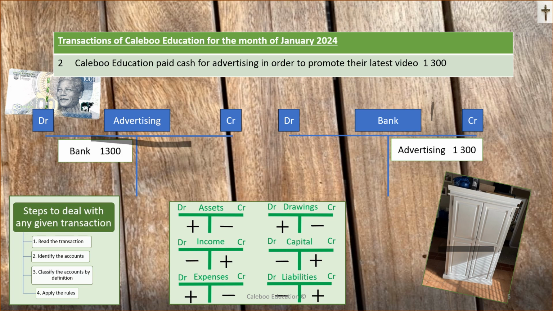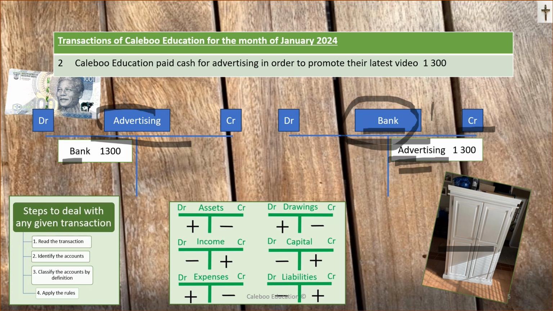So advertising was debited and bank was credited. Remember, the name of the contra accounts appear in the ledger account. So say for example, bank got credited and the other side of the entry is advertising. It appears on the credit side of bank.